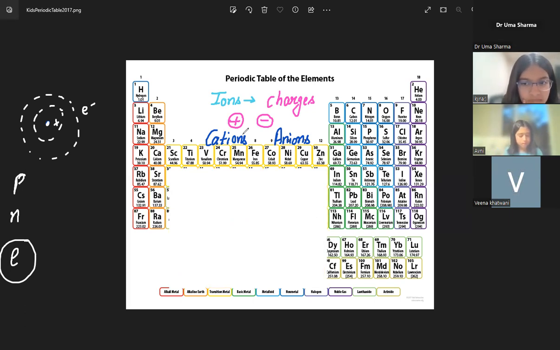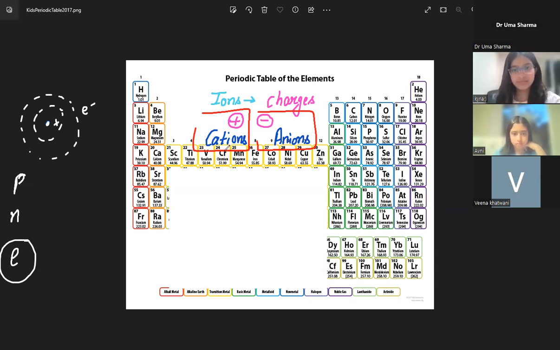Now look at the cations. In the cations, what is more, the protons or the electrons? The protons. And in the anions, what is more? Electrons. Very good. So in the cations, the protons are more by adding more protons or by removing electrons? Removing electrons.